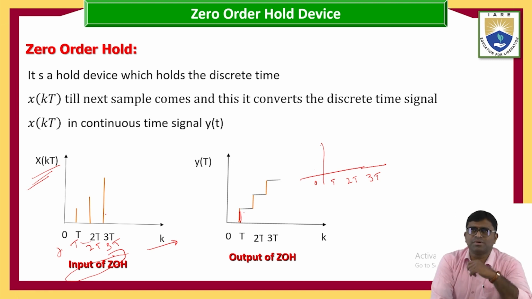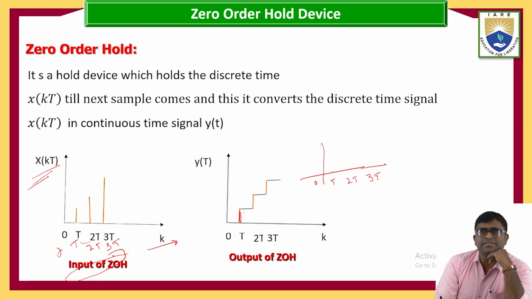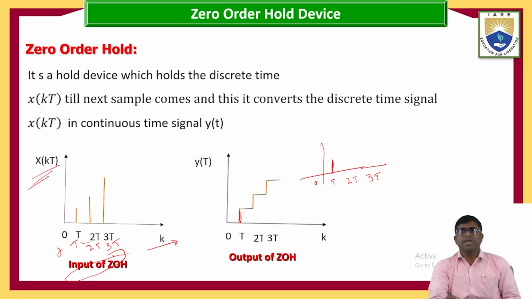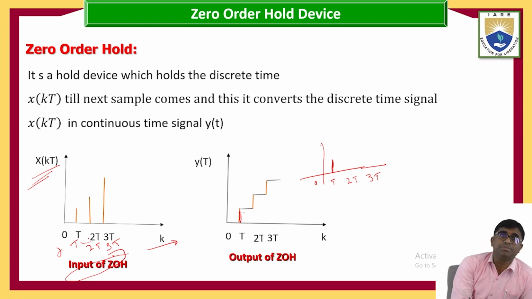Just now I explained, no? 3 or 4 or 5. So that's why it is coming at here with some amplitude. After that, between T to 2T, the output holds its position.